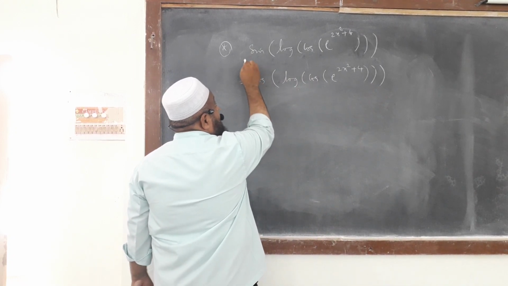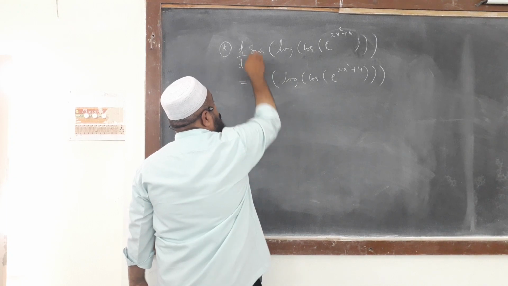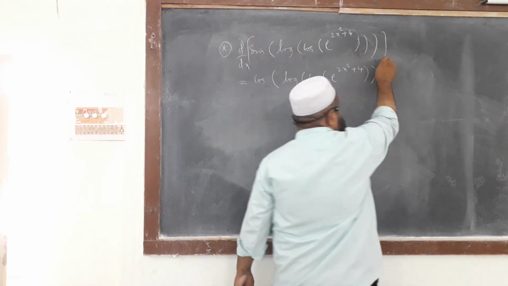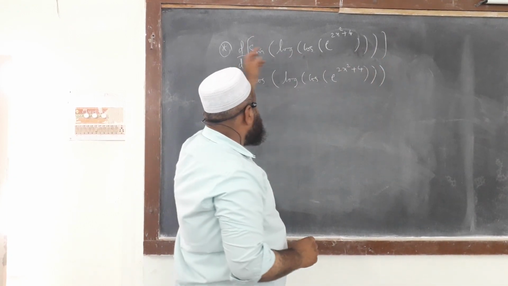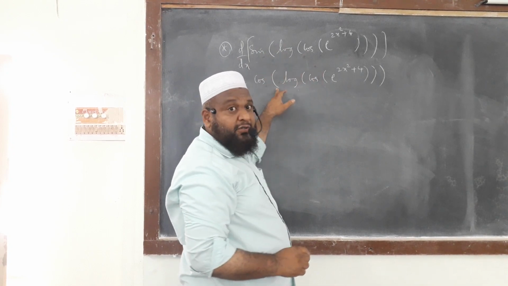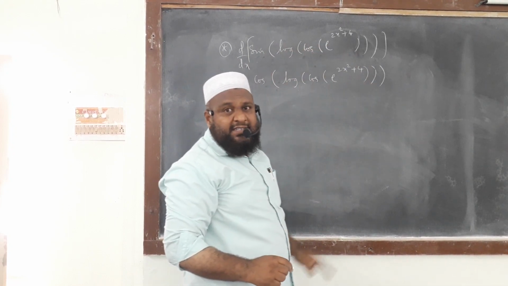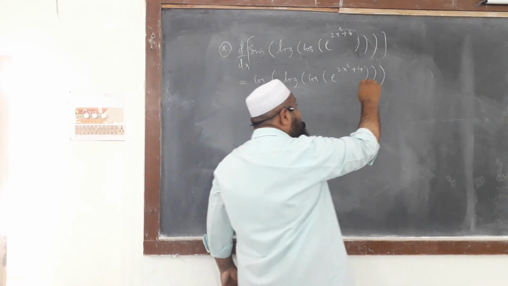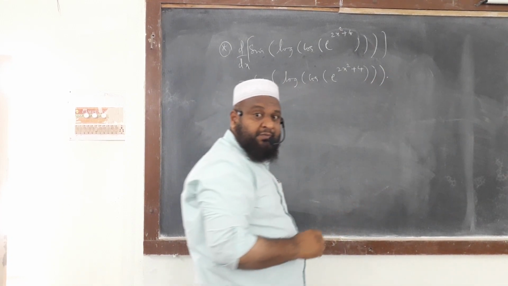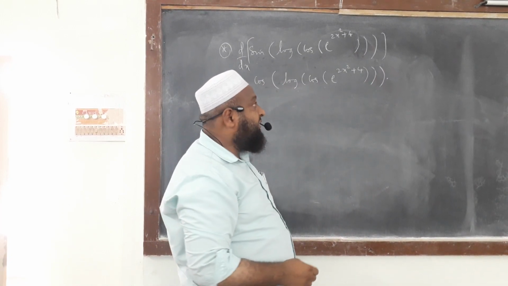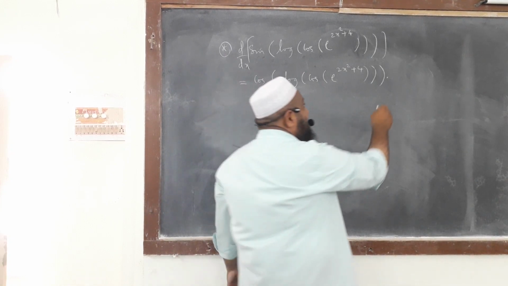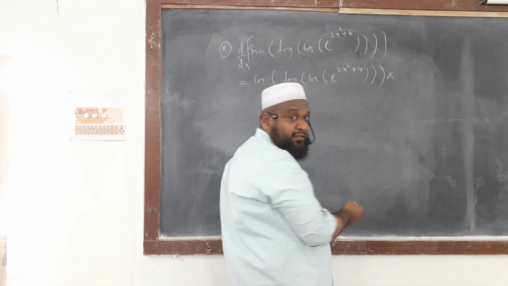Here, wait, I have to write dy by dx. I am taking the derivative of this one. Now the derivative of this one is: sine became cos and everything is copied as it is. Into. We have to go on multiplying now. So what comes? I'll write it here, looking like this now.